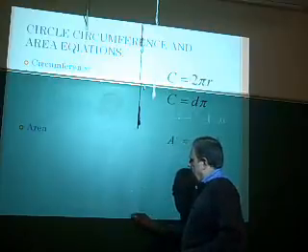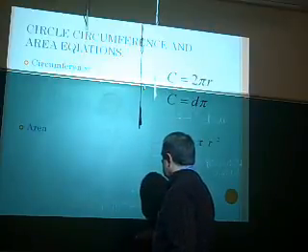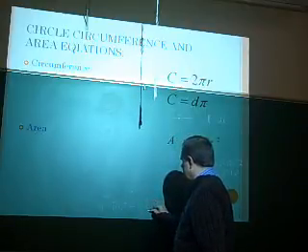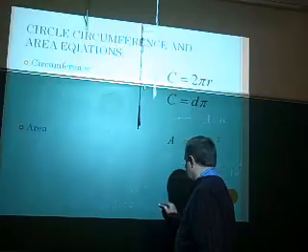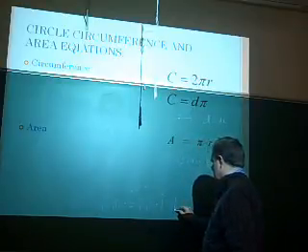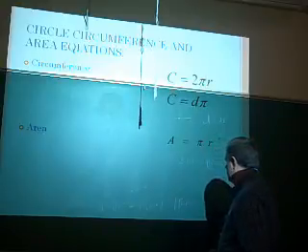So the area equals pi r squared, right? So that's going to be pi times 2 inches squared. So that gives us 4 pi, 12.56636.